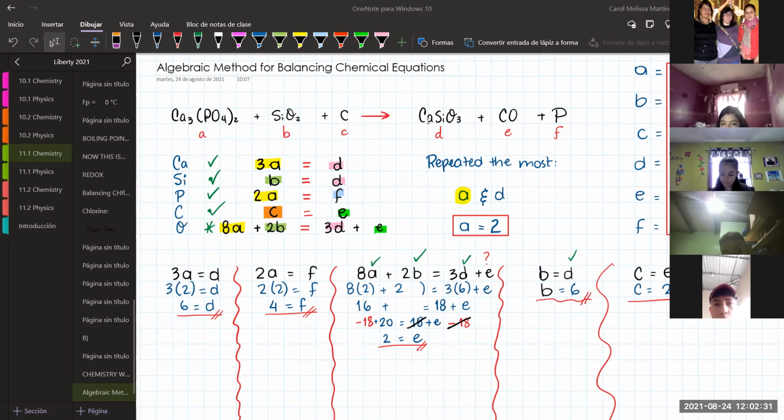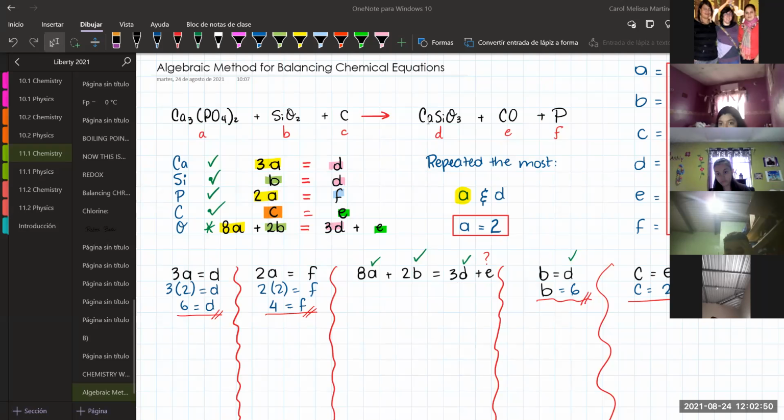So here is, I want to do the correction now. B is equal to D. So here is also 6. Pero tengo que corregir esta ecuación. Thank you.